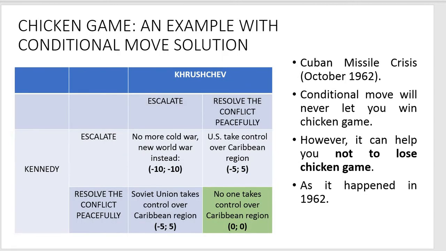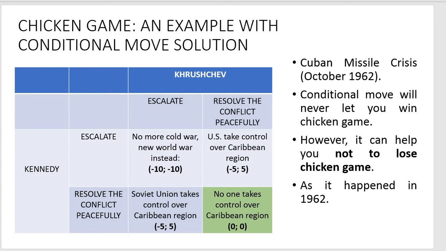So commitment or unconditional strategic move might be a good way to win the chicken game. However, even when it comes to conditional strategic move, it can help you not to lose, or something like this, if it's appropriate thing to say.